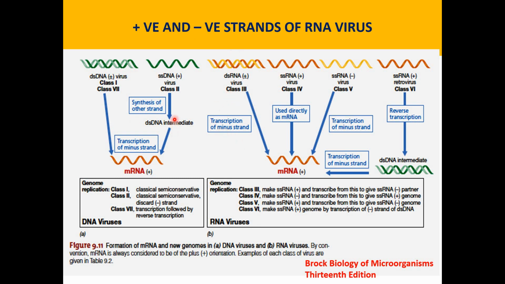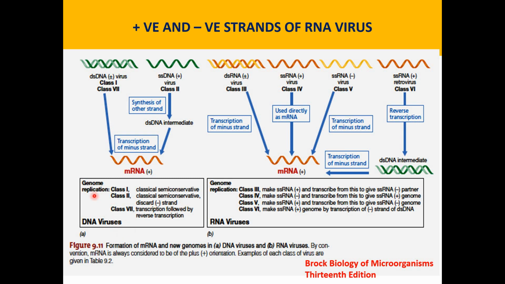Now you can find that there are some classes designated in each of the DNA and RNA viruses. These are nothing but the Baltimore classes. We all know that Baltimore classified the viruses into 7 distinct classes. So along with the strand structures, the class of the Baltimore classification they belong to is also designated.